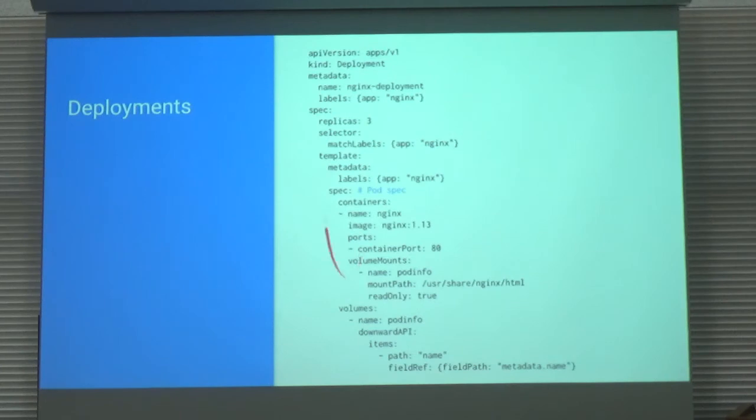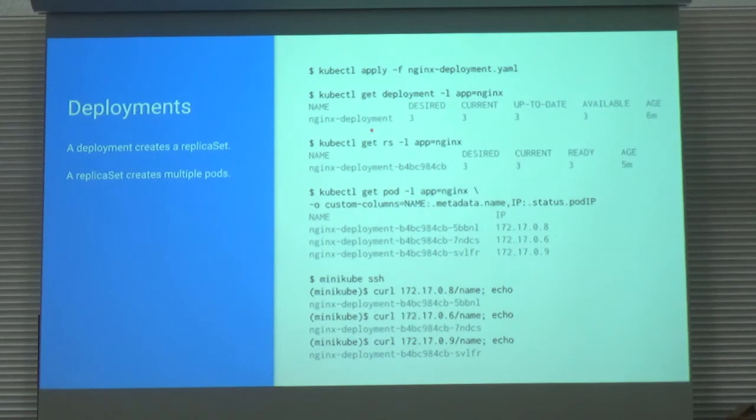In this deployment, the number of replicas is set to 3, so we can see 3 pods. And I can access the nginx pods, 3 pods. Okay.